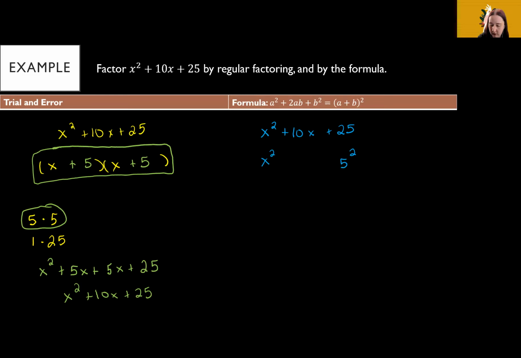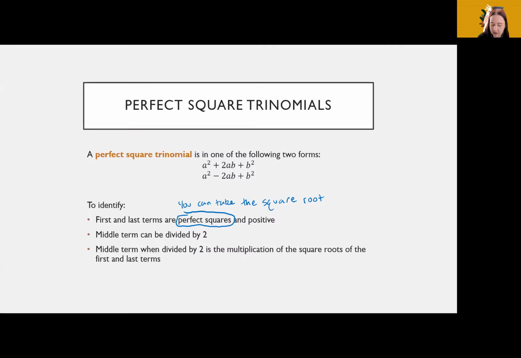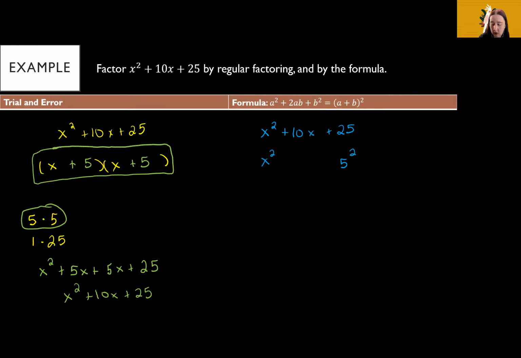So let me go back to my slide where I listed these. Second one, the middle term has to be able to be divided by 2. So our middle term is 10X. I can divide 10 by 2. So if I'm basically factoring that, 10 divided by 2 is 5. So that would give me 2 times 5X.